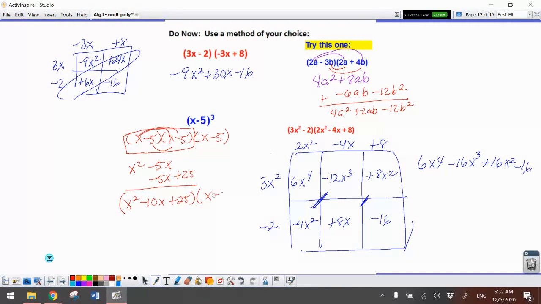Now I'm going to take that times my x minus 5, okay? And I'm going to distribute backwards this time. So I'm going to do x times x squared, that's x cubed, and x times negative 10x would be negative 10x squared, and positive 25x.